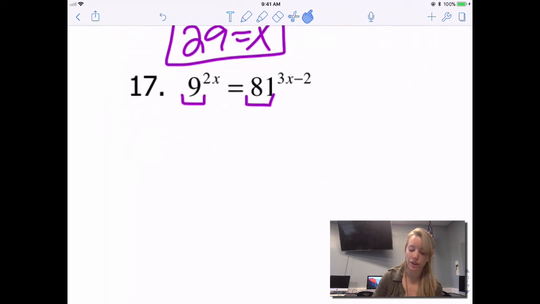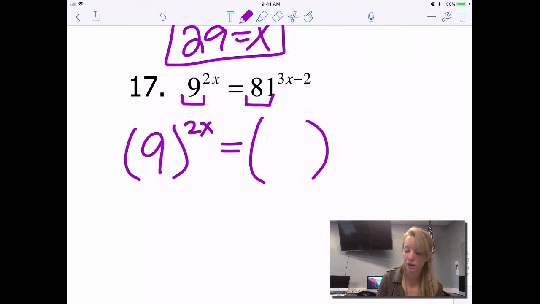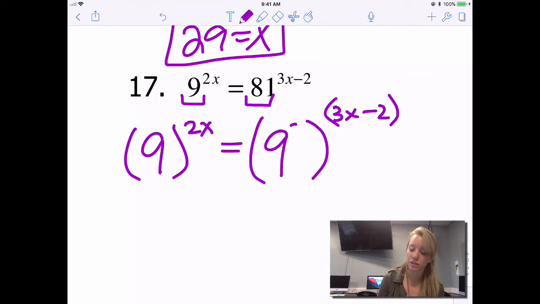So here, I want to think, okay, 9 to the 2x equals, and then can we write 81 with a base of 9? So this would be 9 squared to the 3x minus 2.